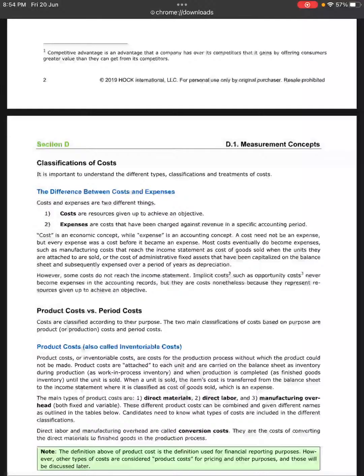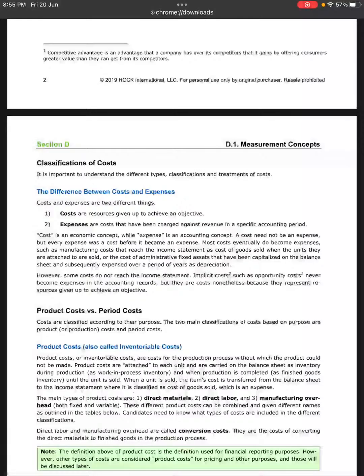I have to store it in our house and keep it as inventory, and after that I will sell in the market, and I will incur some admin expenses, selling expenses, and carrying cost. Everything will be incurred there. Those will be expenses. When I purchase one inventory, that will be the cost, and whatever I incur after that will be expenses.